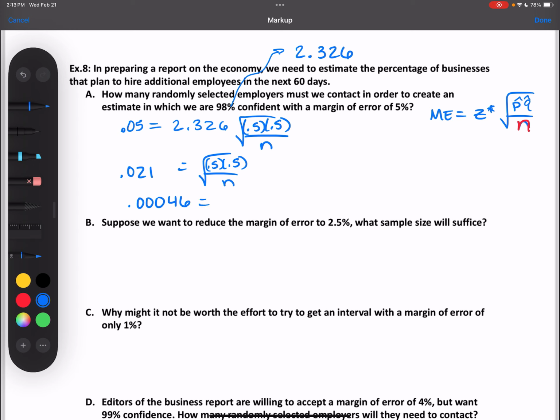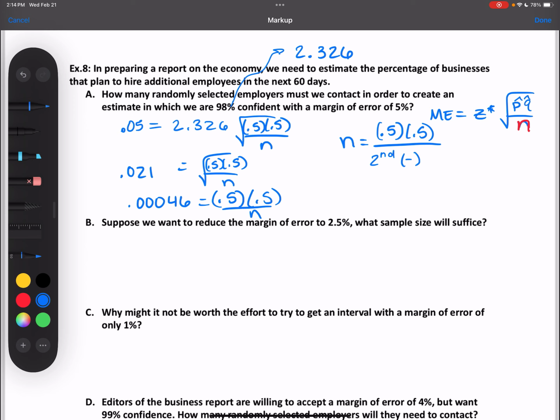That equals 0.5 times 0.5 over n. Now I can just swap n and this number. Again, I would use that number that you've been given, not the rounded number. So n is equal to 0.5 times 0.5 divided by that number. When you do this, you can hit second and then the negative sign; the little negative sign is for answer.